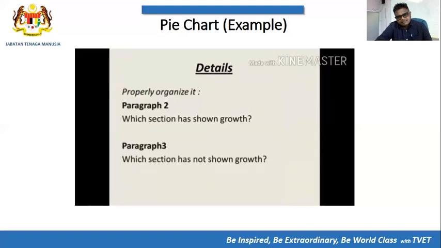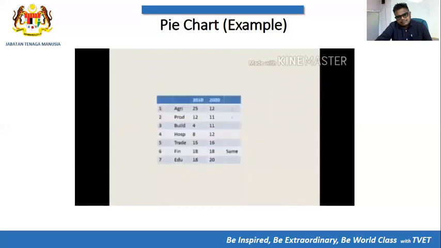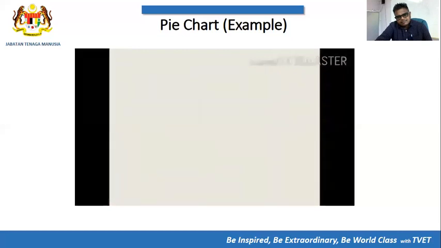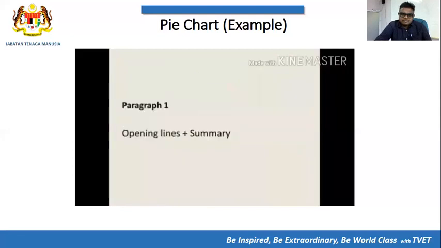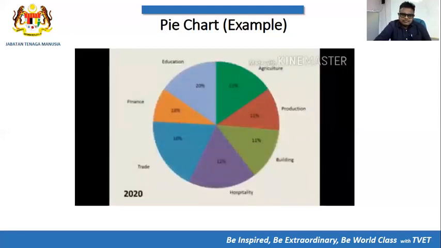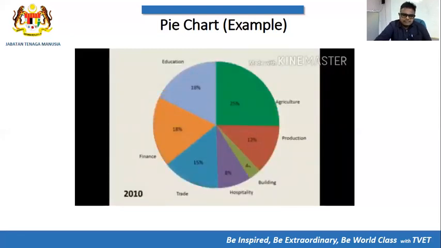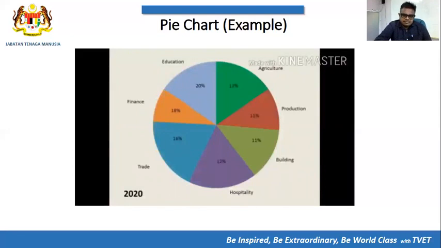Paragraph 1 is the outline, the opening line, that is the introduction and the summary. Paragraph 2 talks about the different sectors which show growth. And paragraph 3 talks about the different sectors which don't show any growth.